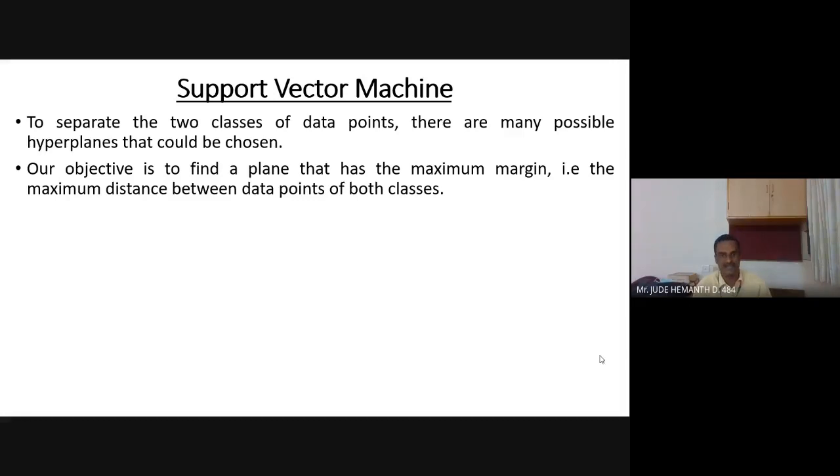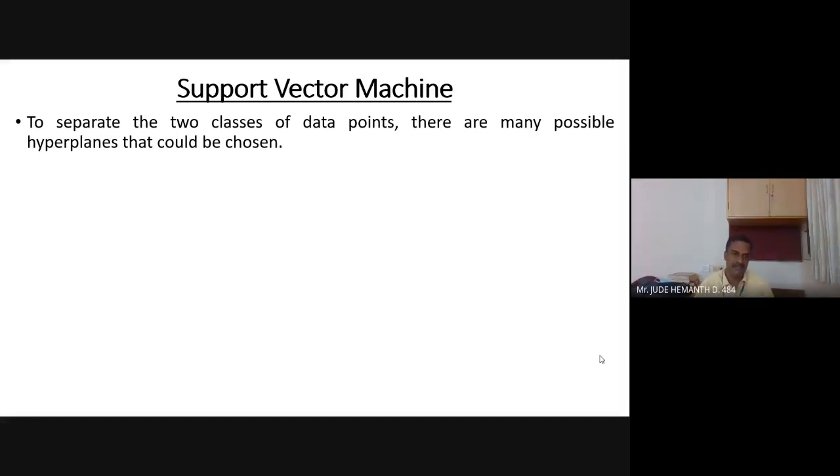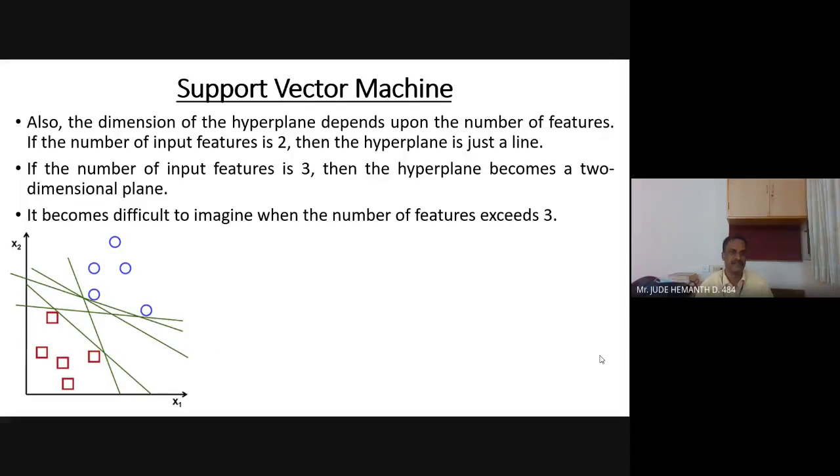What is the maximum margin? The maximum distance between the data points of both the classes. So when you have a diagram like this, I want to have a line which will be dividing my squares and circles with a larger distance. That means the circles and squares are very far apart.